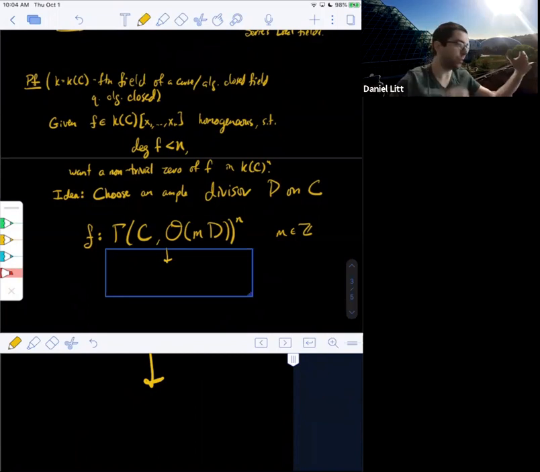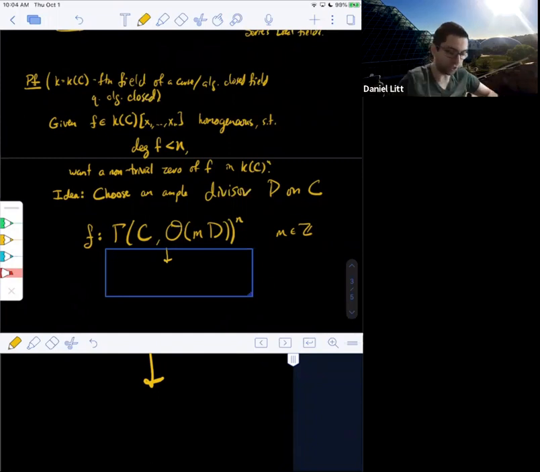So what are we doing? We're taking a bunch of rational functions with bounded poles and multiplying them together. Each term in f has some constant degree d because f is homogeneous. Then we're multiplying by the coefficients of f, which are also rational functions that might have some poles. So what does that give us?